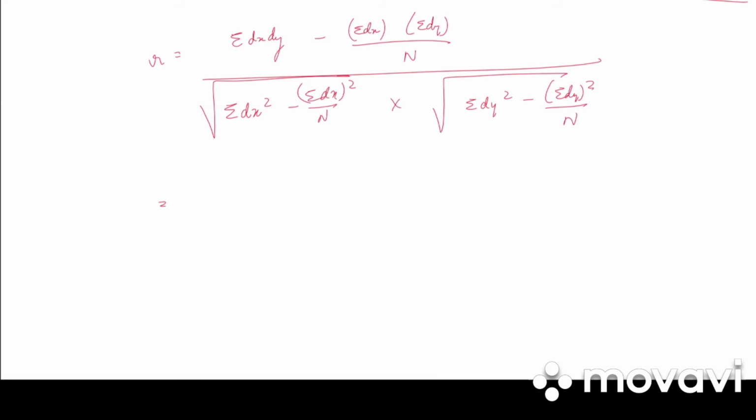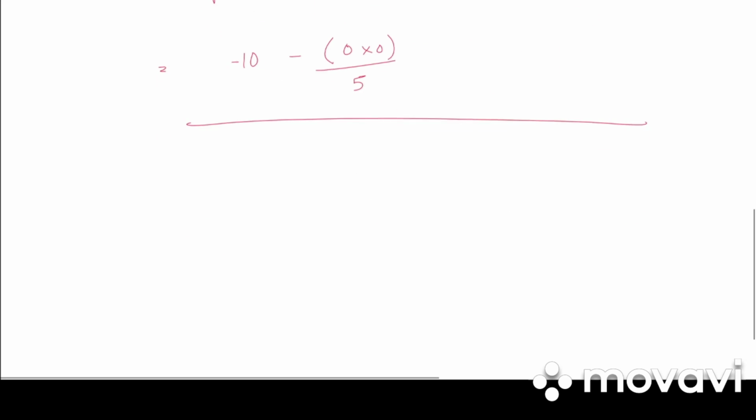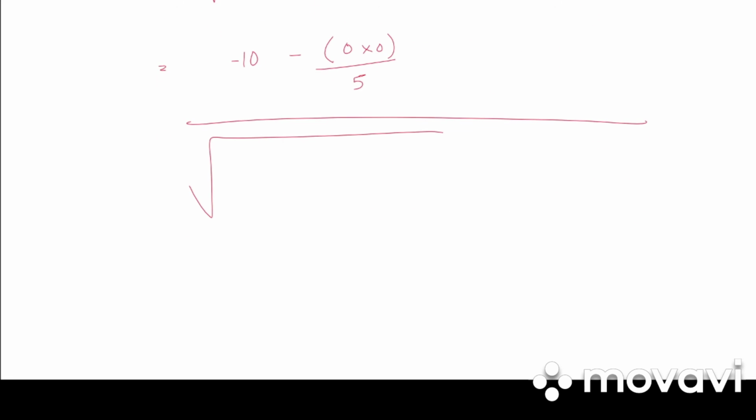So what is summation dx dy? It is minus 10. What is summation dx? It is 0. What is summation dy? 0, divided by n, which is 5. What is summation dx square? 10.